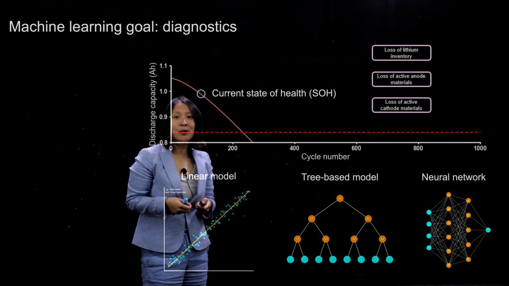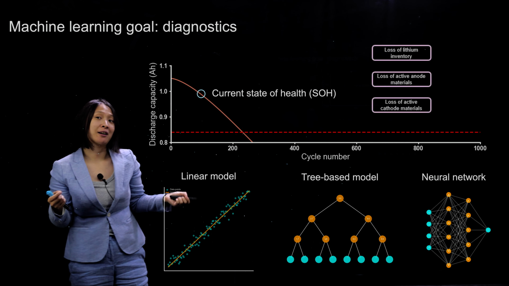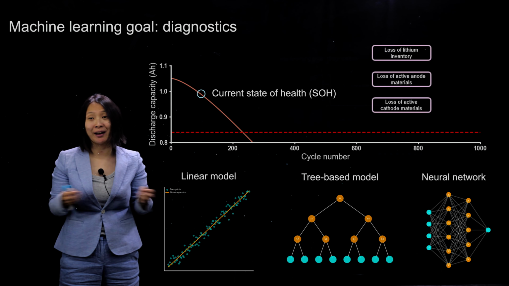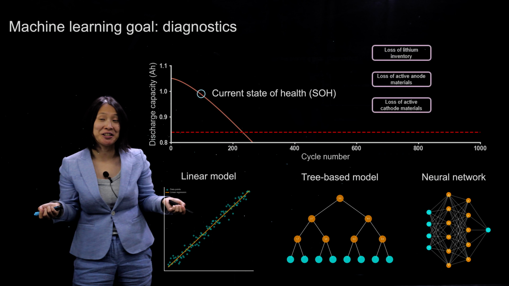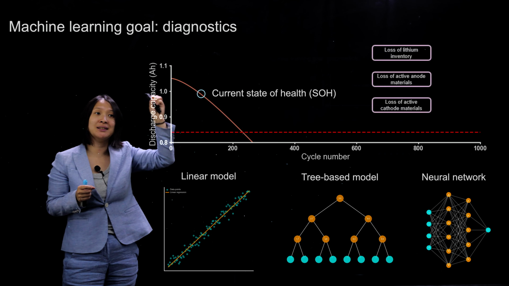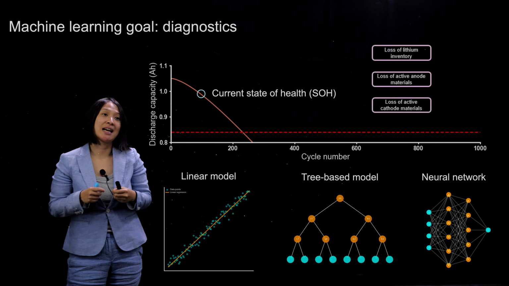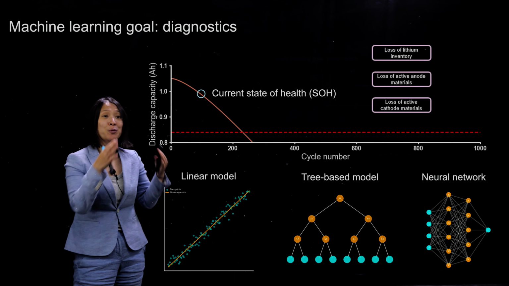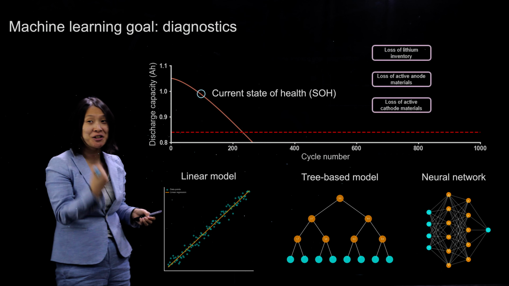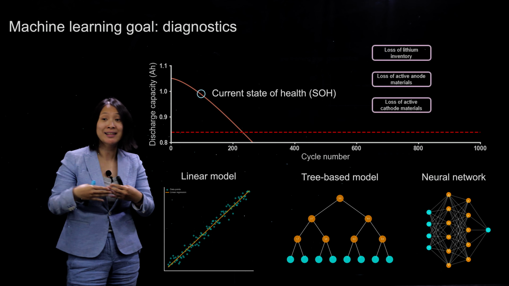So with that in mind, there are a number of machine learning models which are currently being used by a lot of researchers and engineers in the field. If we are thinking about the prediction of the current state of health of the battery as our goal, it's a regression challenge. And often people would start from linear models as a benchmark, to see if linear regression can help us make this prediction.